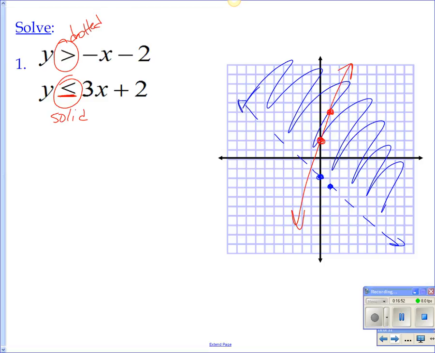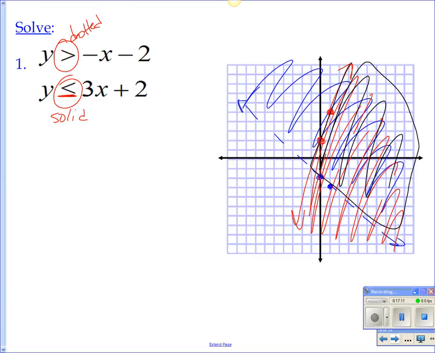All right, if I'm less than you, I am below you. Okay, on these, where the two colors overlap, in this section right here, this is the solution area. So there's multiple answers.